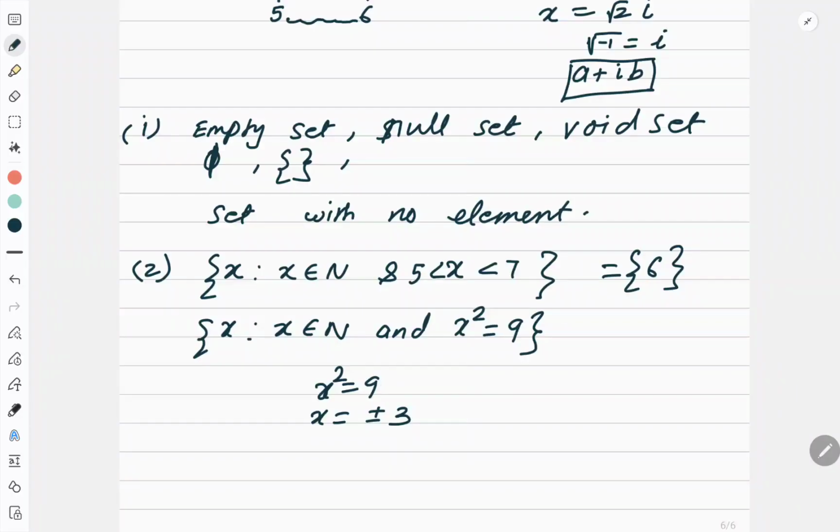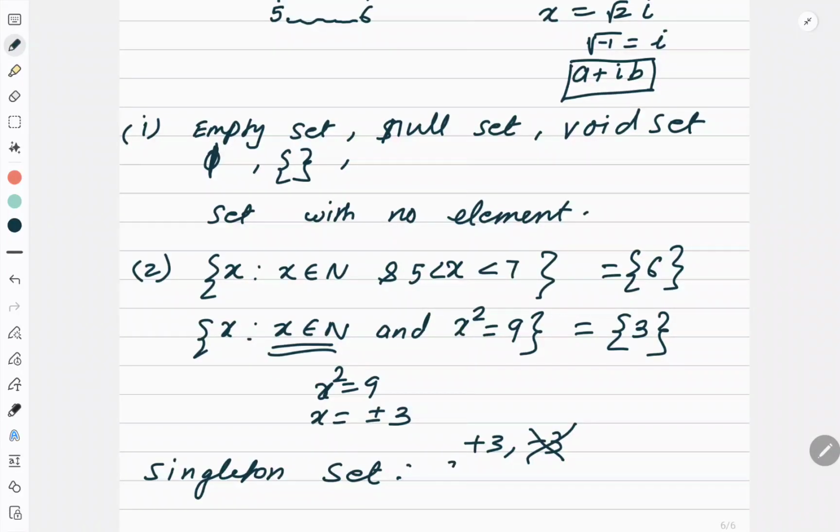So the square root of 9 is considered as plus minus 3. So I got two numbers, plus 3 and minus 3. But what is the condition? x belongs to natural numbers, and obviously minus 3 is not a natural number. So my answer will be only plus 3. So this type of set, which contains only one element, is called a singleton set.